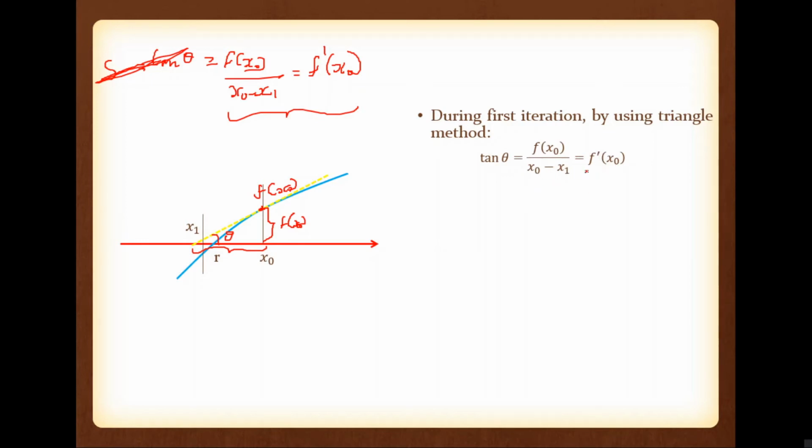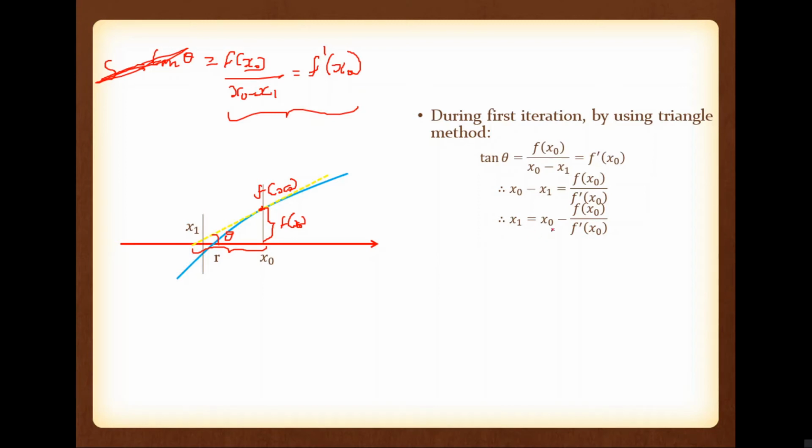By rearranging this equation, we can write x0 minus x1 is equal to f of x0 divided by f dash of x0. Again rearranging, we have x1 is equal to x0 minus f of x0 divided by f dash of x0. So we can calculate x1 from x0, right?